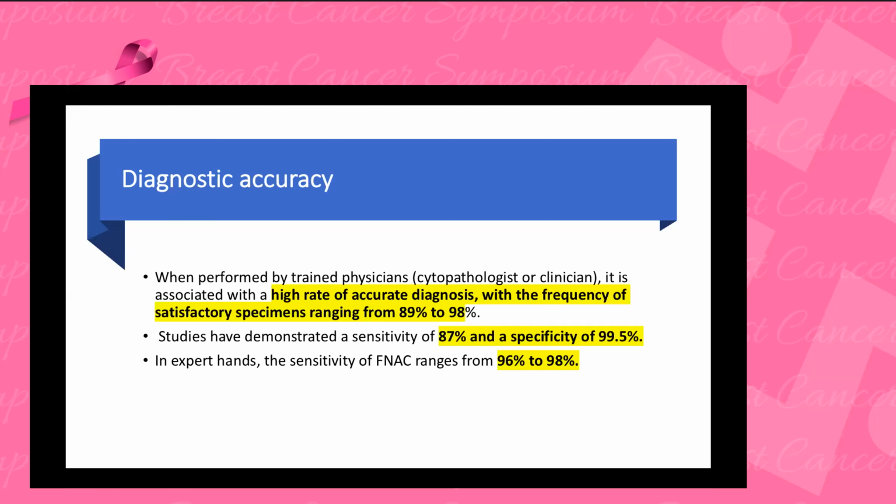In expert hands, your sensitivity can go as high as 96 to 98%. I am currently running a study where we're looking at intraoperative cytology, and we're trying to actually see the diagnostic accuracy in theater, looking at specificity and sensitivity, and our results are almost looking the same as what I've shown you right now.